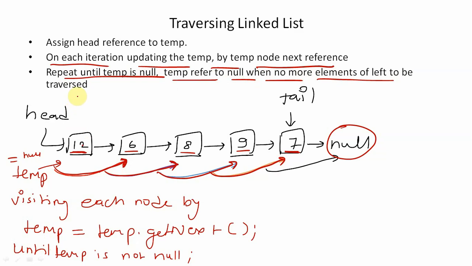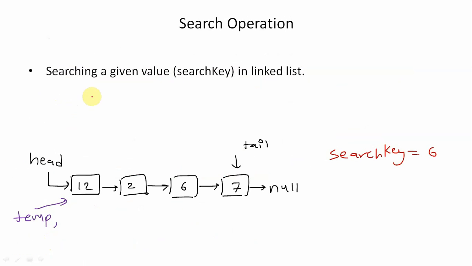Consider the search key equals 6. So what we have to do? To search, you have to traverse from the head using a temp reference and compare the search key with each node's data.